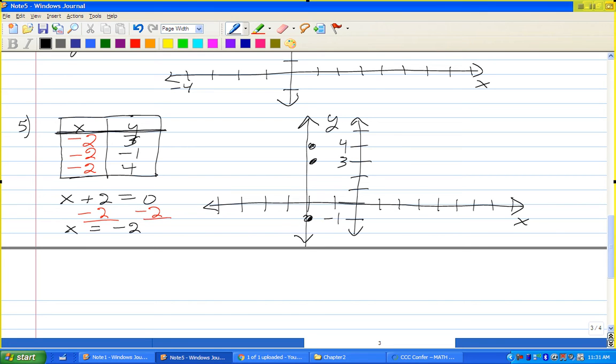Okay, good enough. And so this is the sketch of the graph of x plus 2 equals 0. So again, this is a vertical line.